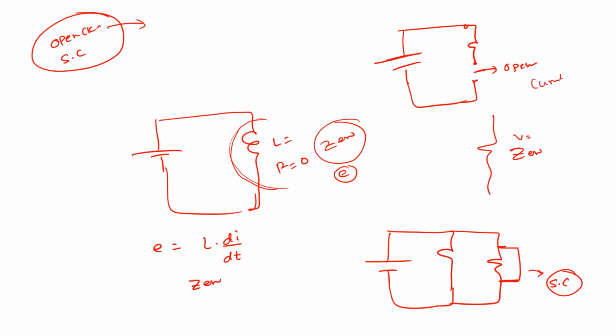Here the current is 0, so what is the voltage across this resistor? The EMF, V. And what is the voltage across this resistor? 0, right? So open circuit means current is 0. Short circuit means the voltage across the particular short circuit is 0.